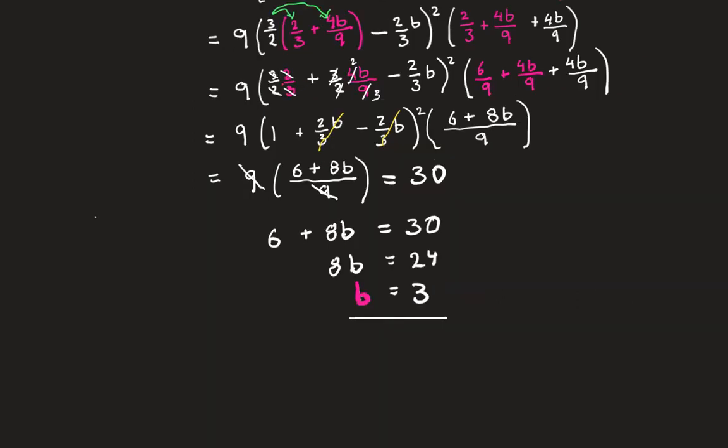And if b is equal to 3, we know that a is equal to 2 on 3 plus 4b over 9.